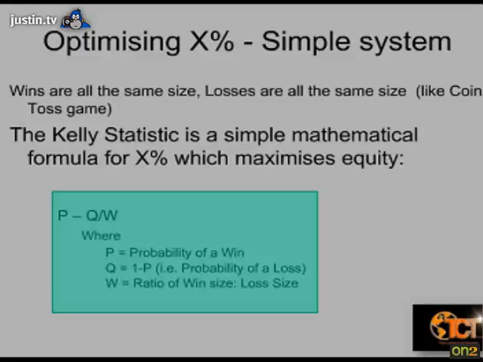So in the case of the coin toss game, that calculation comes out at 50% minus 50% divided by 2, because the wins are twice as large as the losses. So that just flows straight through. The answer is 25%, as we saw in the spreadsheet, which worked it through the hard way, actually calculating the profits and losses on every trade.